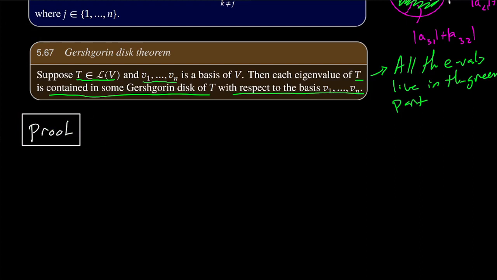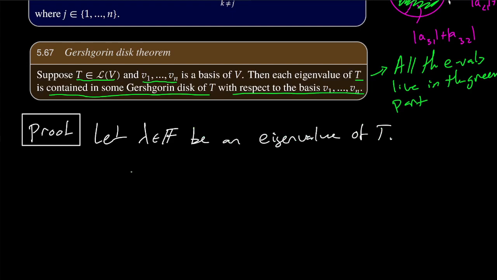So let's think about it really quick. How can we get there? Well, let's just start with any old eigenvalue. Let lambda in the field be an eigenvalue of T. Let w in V be a corresponding eigenvector. Terrible C. Okay.